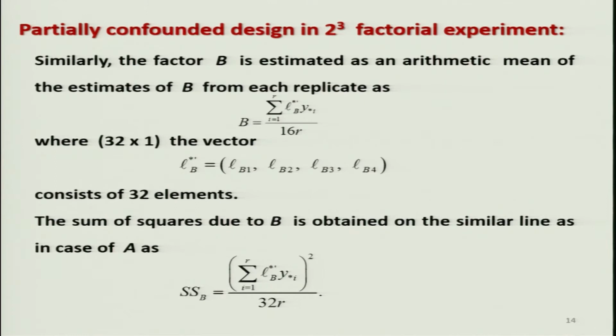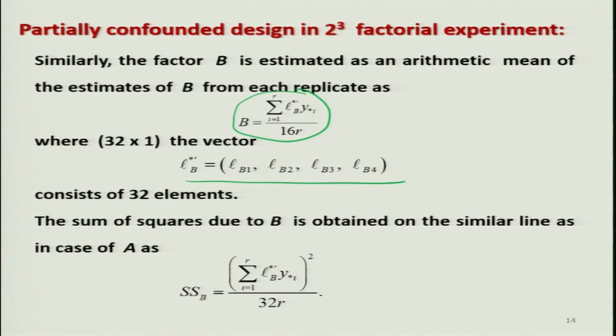So, the factor B can be estimated as the arithmetic mean of all the estimates of B from each of the replicate 1, 2, 3, 4, and we can write down exactly in the same way B is equal to summation i goes from 1 to R L B star transpose y star i, where this L B star is going to be a 32 cross 1 vector as earlier, and it has 32 elements.